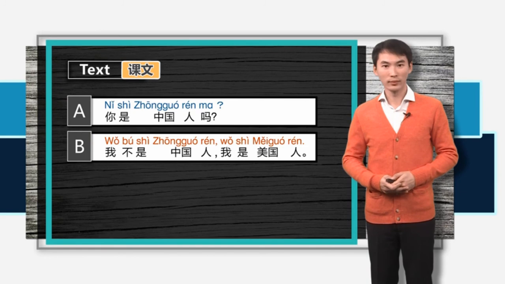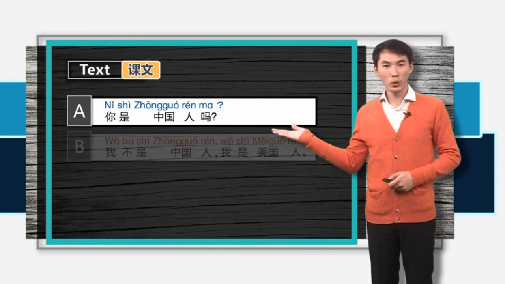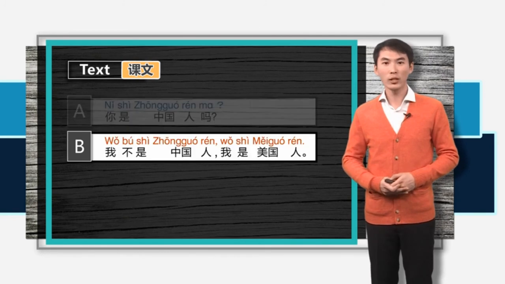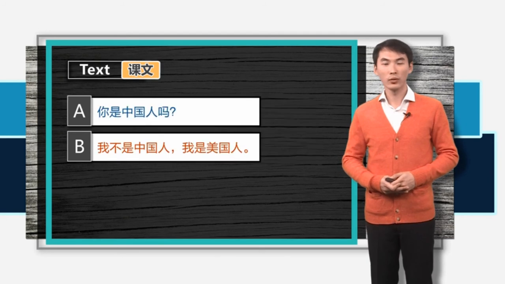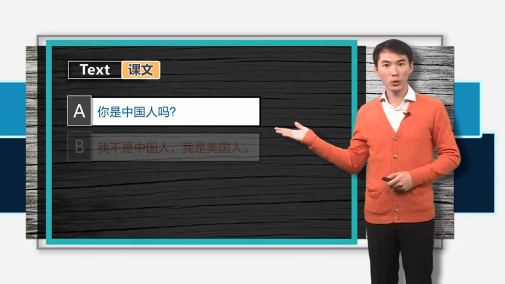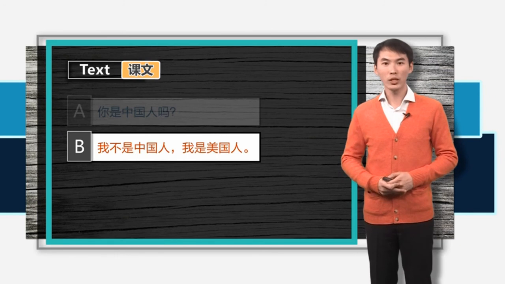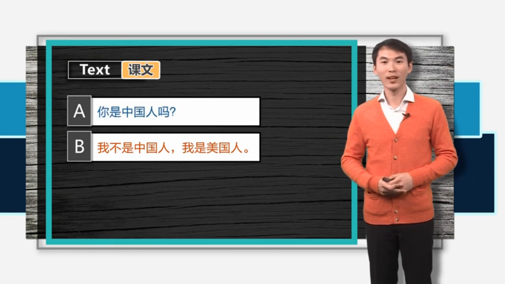Now read after me. 你是中国人吗? 我不是中国人. 我是美国人. Now let's read it again without 拼音. Good job.